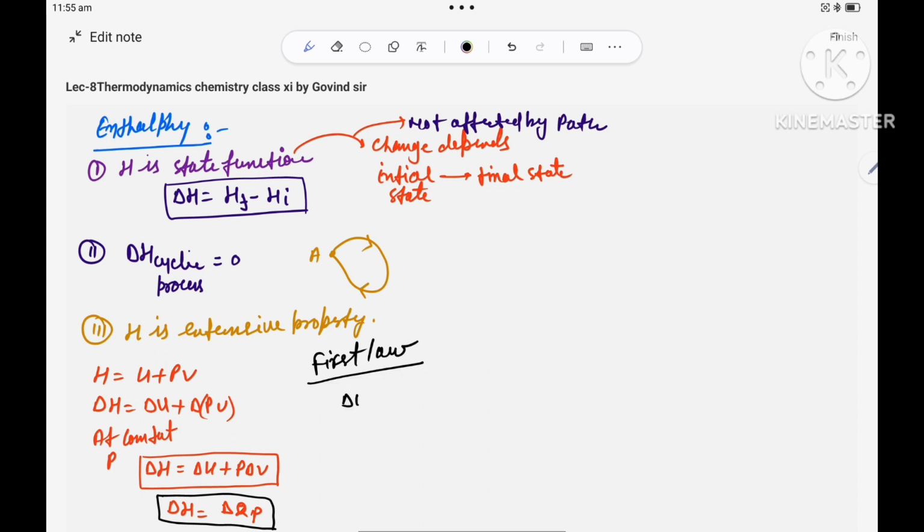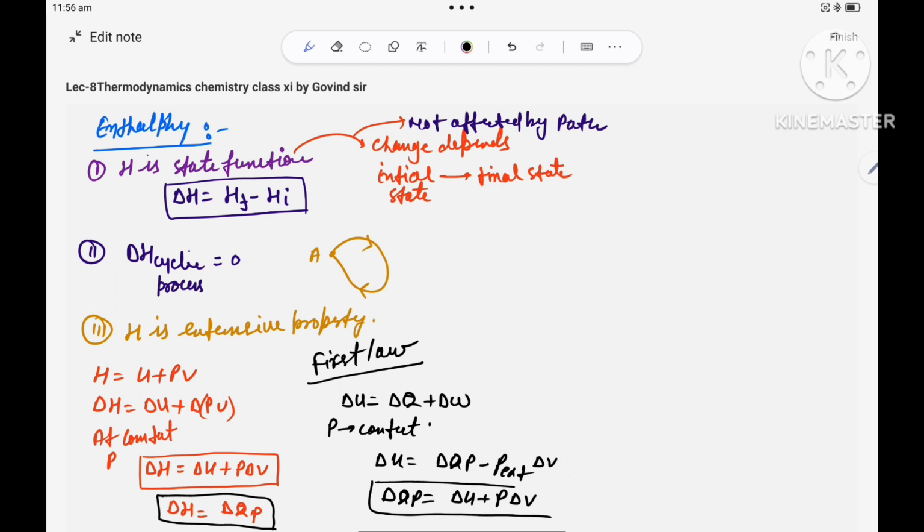From the first law, delta U is equal to delta Q plus delta W. At constant pressure, delta U is equal to delta QP minus external pressure P delta V. So from here delta QP is equal to delta U plus P delta V. This is equation number 2 and that is equation number 1.